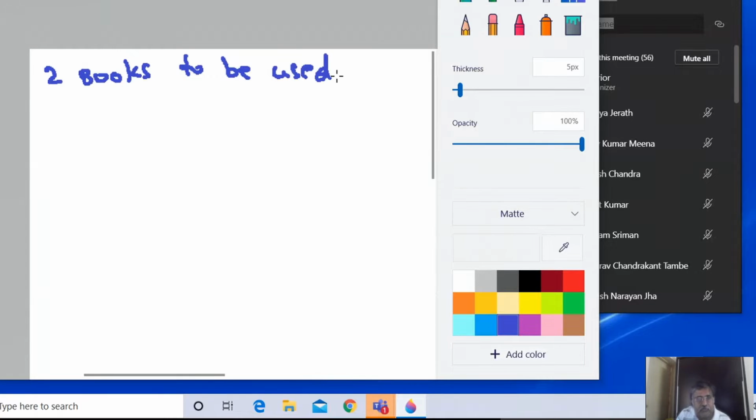So two books are to be used. These are the two basic standard books in hydrostatics. The first one is a book by Adrian Biran.